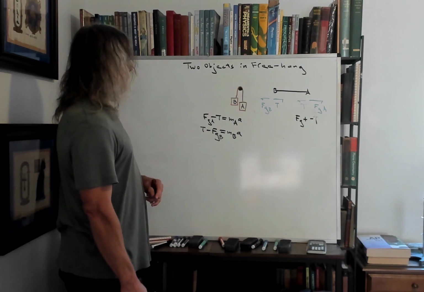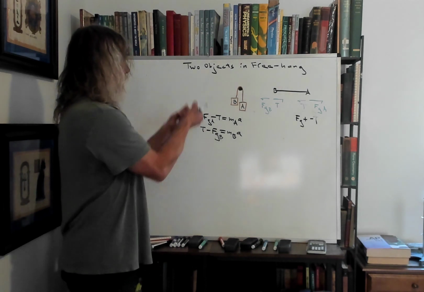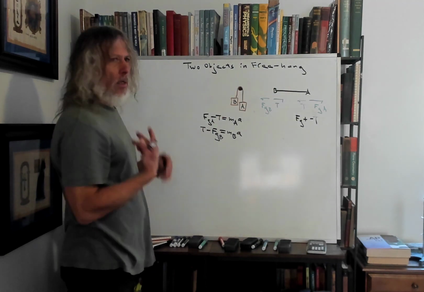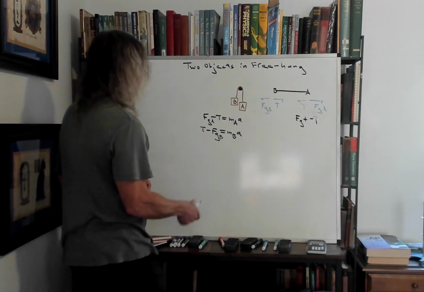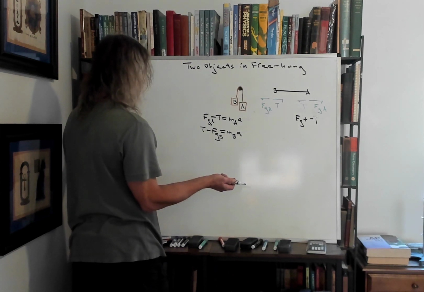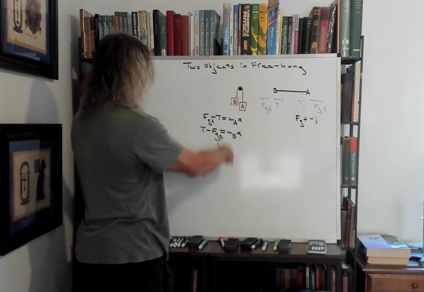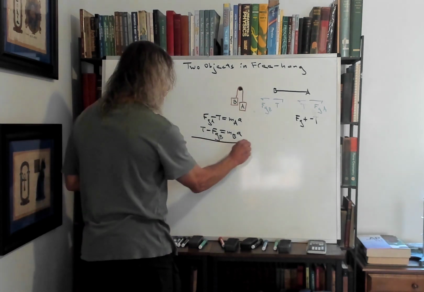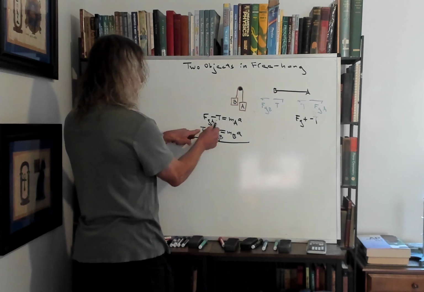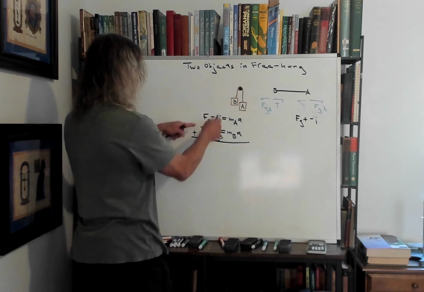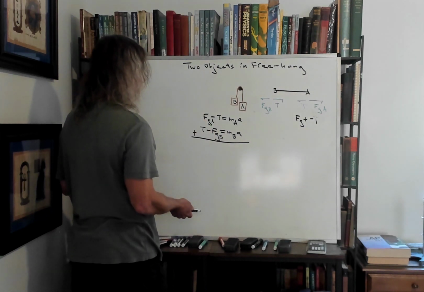So if we put it out, right is positive, left is negative. It helps us keep stuff straight. Then this time I'll do it like a system of equations. If we add them, instead of solving for T, T minus T is 0, so the T's subtract out.